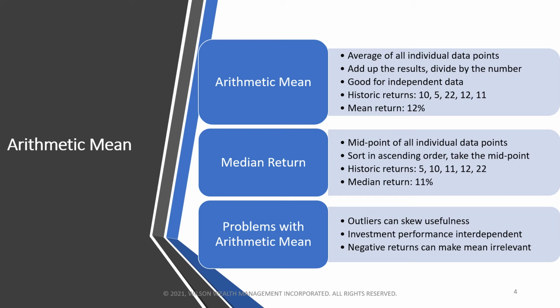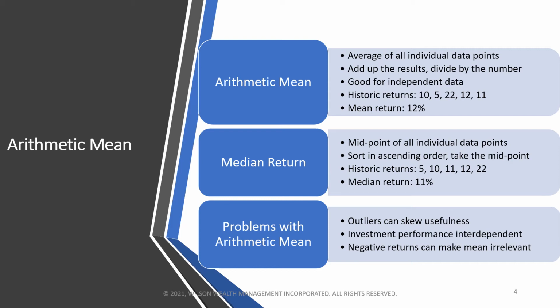Now, the problem with arithmetic means is that, one, outliers can greatly skew the usefulness of the amount. So if we look at the quick example that we did there, let's say that in year 3, the return was 220, not 22.